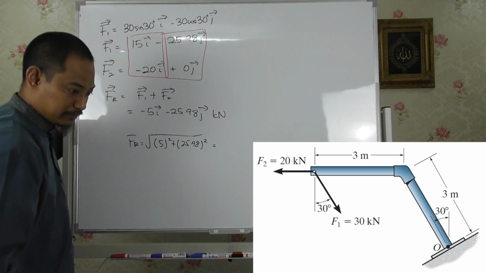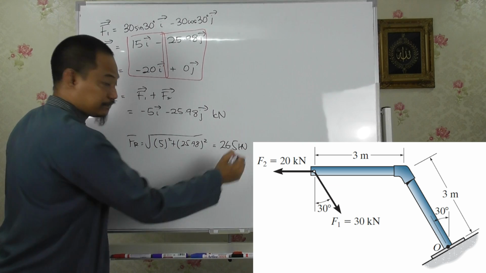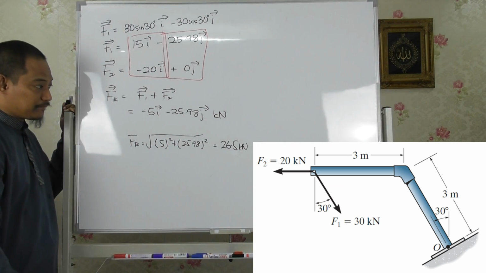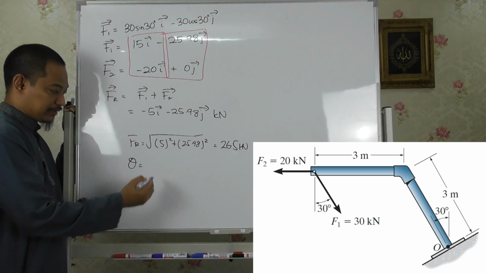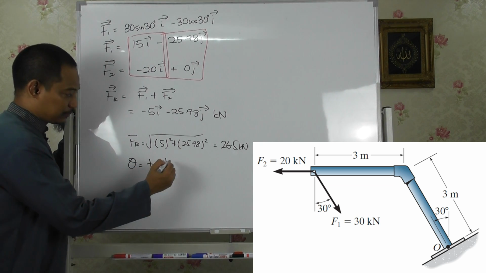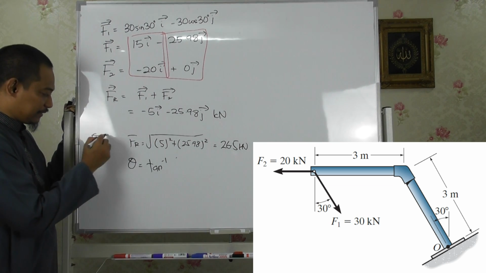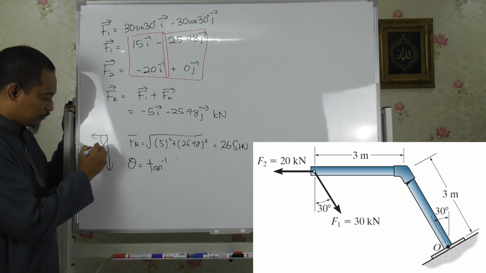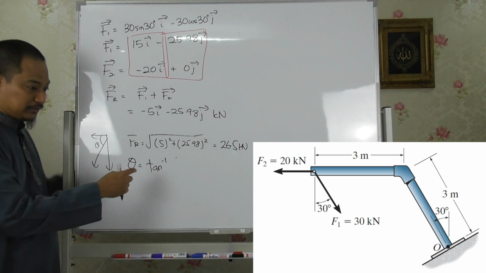So you'll get, what was it, 26.5, right? And then you have to get the theta from the tangent minus 1. Okay, so we are calculating this theta, and we have shown just now, right? So you know the answer already.